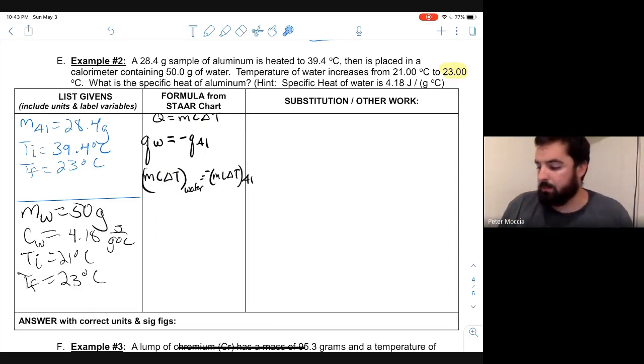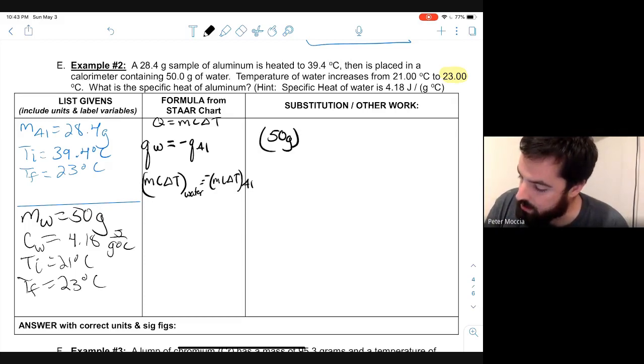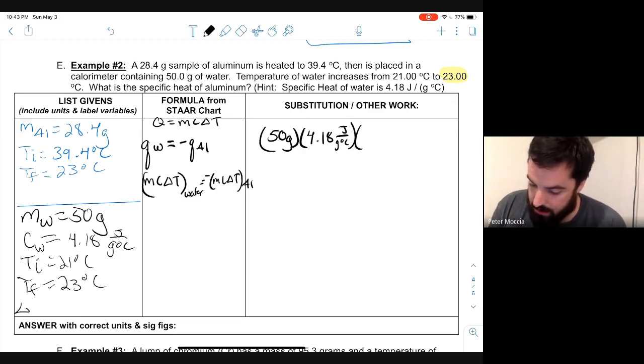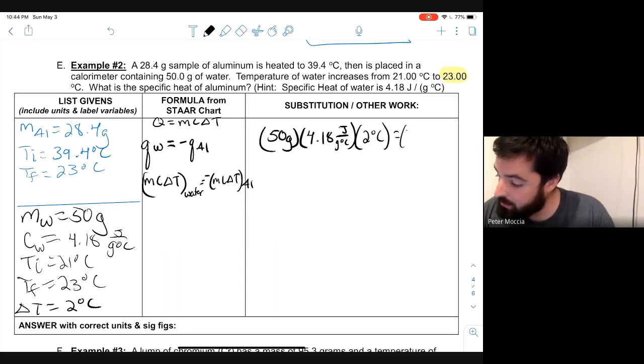So then I'm going to plug this in. We know that the mass of the water is 50 grams. So 50 grams times the C of water, the specific heat of water, 4.18 joules per gram degrees Celsius, times delta T here, 23 minus 21, is 2 degrees Celsius. And then that is equal to the mass of aluminum, 28.4 grams.